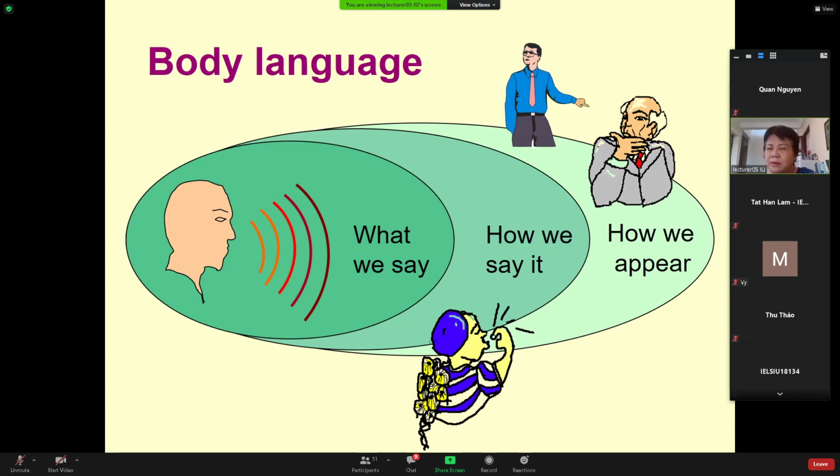Remember, we classify how important the supplier is depending on the quadrant. We classify upfront, and we define the strategy: what we are going to talk about, how we are going to say it, and what our appearance is in front of the other party. And body language is very important in negotiation.